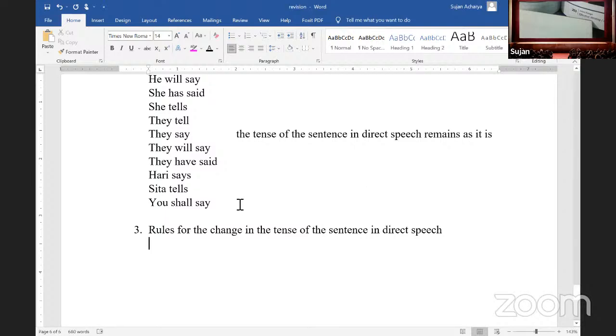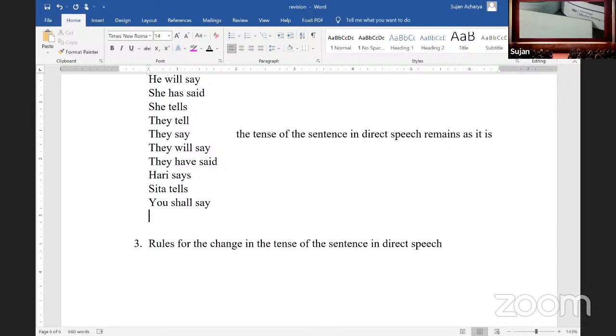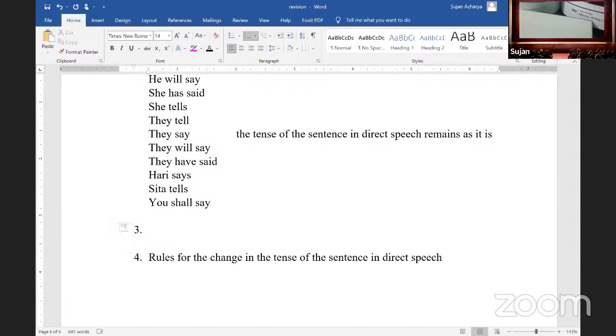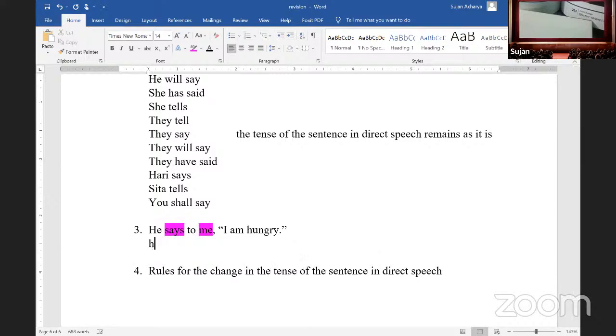And if we have this reporting verb says followed by an object, then the says changes into tells.